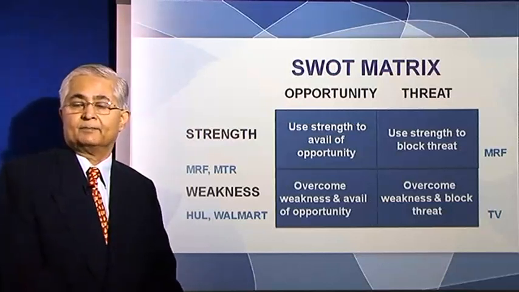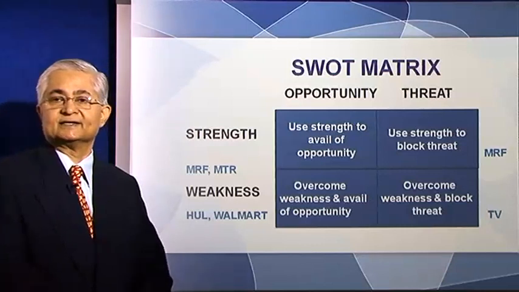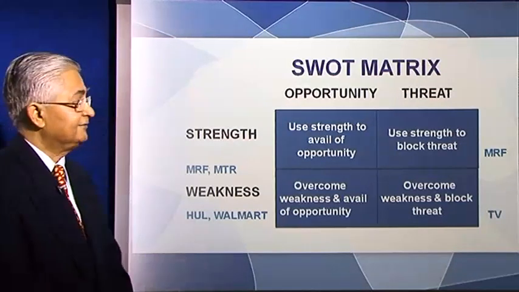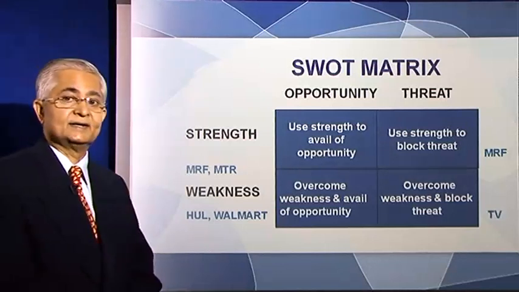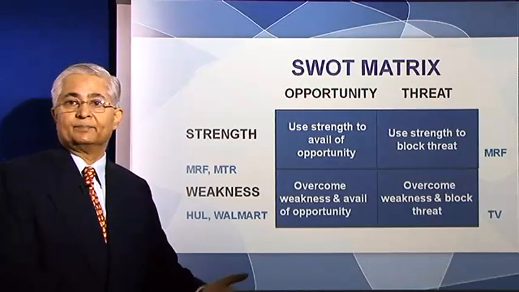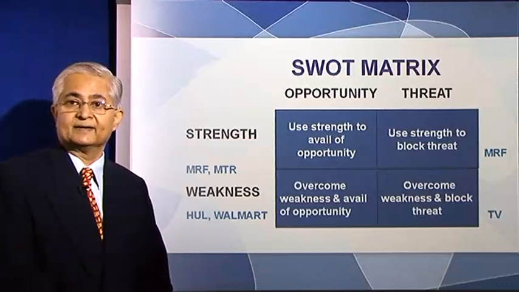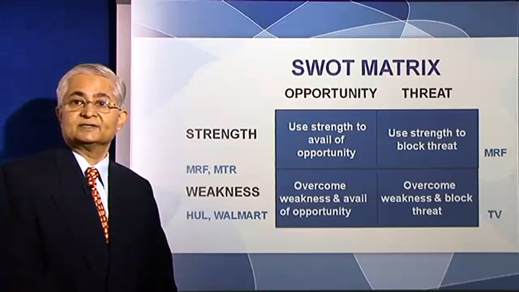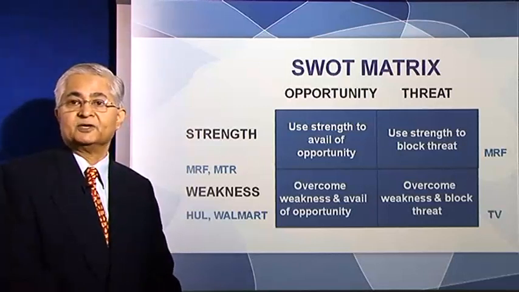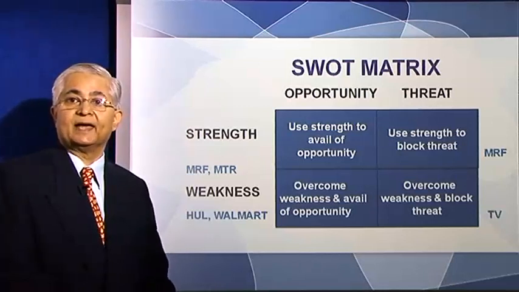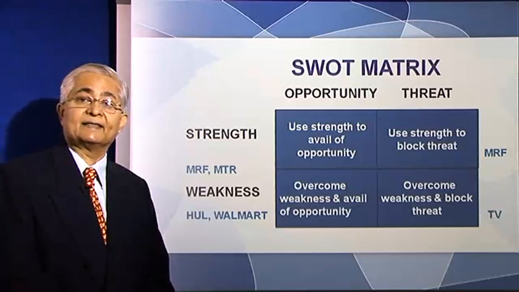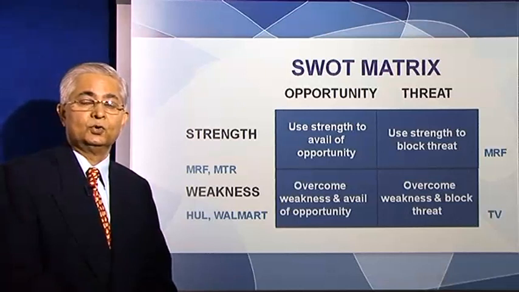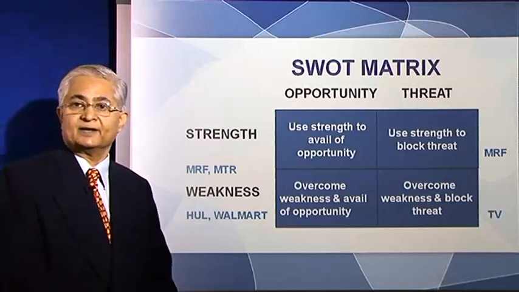MRF, a market leader as far as tires in India were concerned, but they faced a threat when the Indian economy opened up 20 years back. MRF faced a threat that international tire brands like Michelin would enter India, and at that point in time MRF was not strong enough to combat these brands.